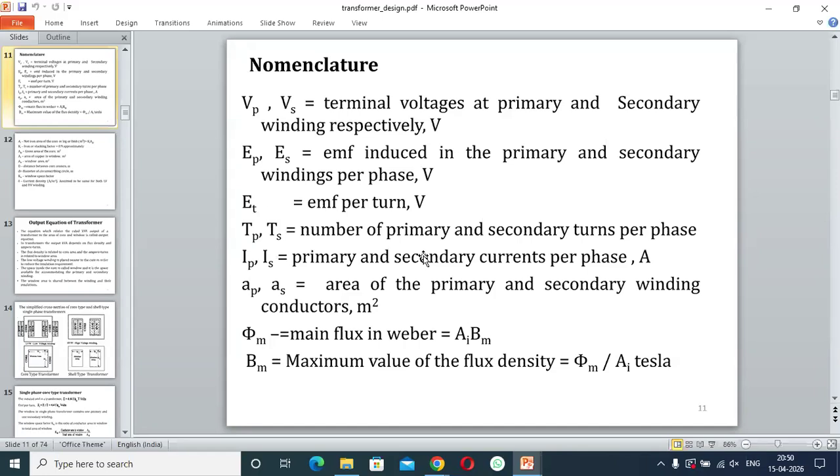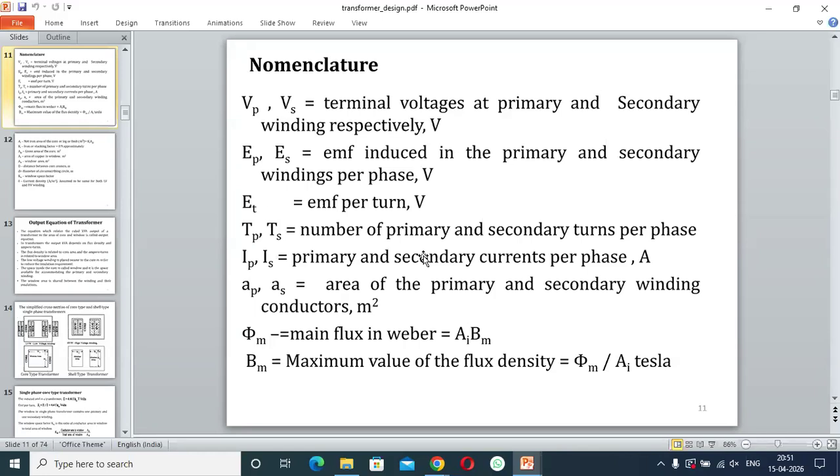So before designing any transformer, what we understand is that the rating of the transformer is most important. Based upon the rating of the transformer, or the kVA and the voltage rating, we can decide whether it is a core type or the shell type. What is its purpose? Whether it is a power transformer or a distribution transformer, because both have different uses.